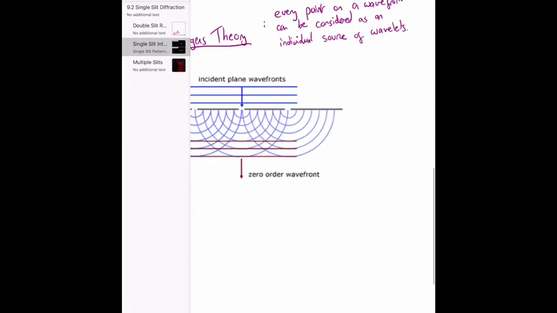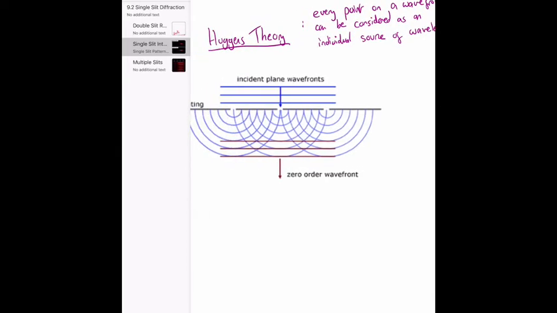So it doesn't mean very much as it's written, but if we think about these wave fronts here, what that means is if I take all these different points along that wave front, I can treat them as each generating their own waves similar to this point here. We can see the waves being generated by that point.